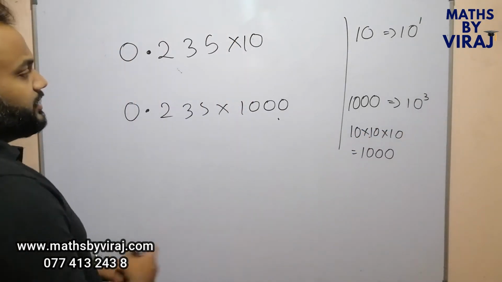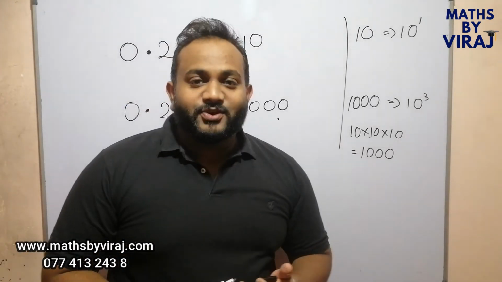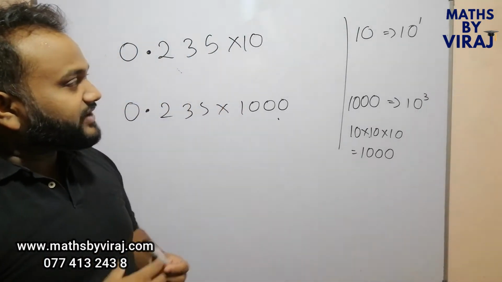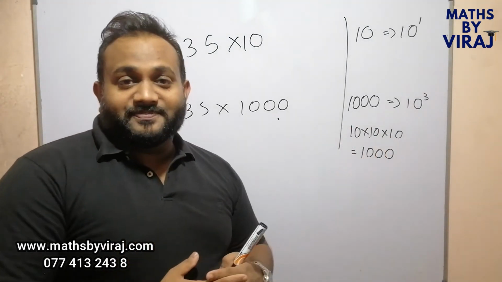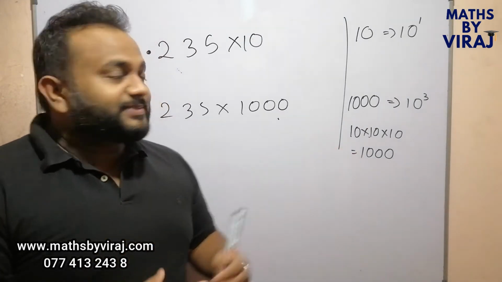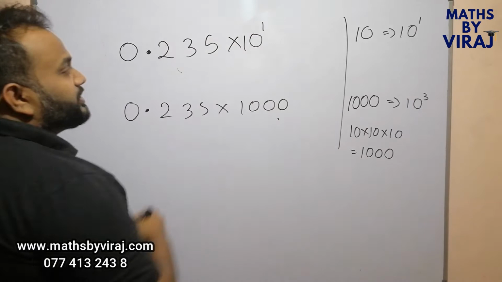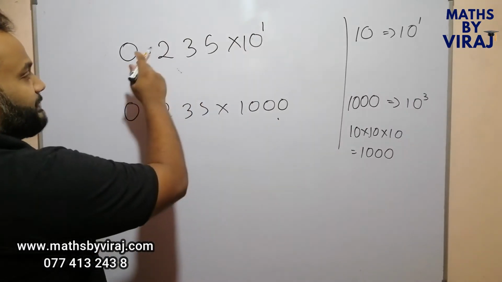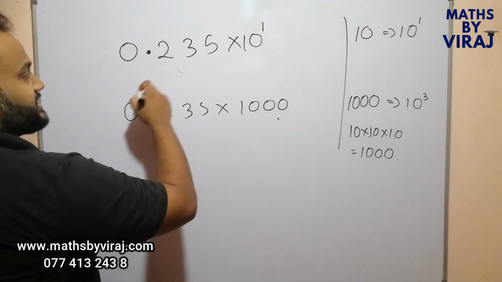Having said that, maths is really very easy, because mathematicians have come up with easy methods of how to multiply, divide, add and subtract. Now you see that this is 10 to the power 1. So when you multiply 0.235 by 10 to the power 1, what do you think the answer is?